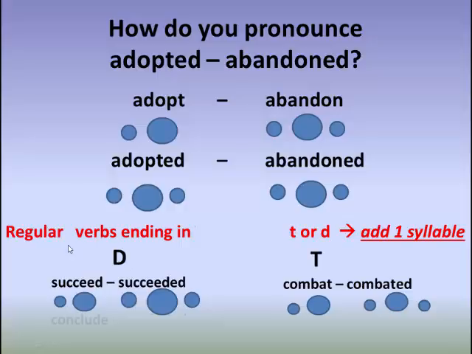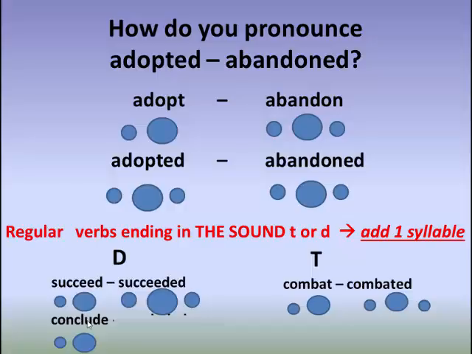Let's see another example. This is the verb conclude. 2 syllables. It doesn't end in T or D. This is not a T or a D. But if you close your eyes and you say conclude, the final sound is a D, because in the rule you are missing something.